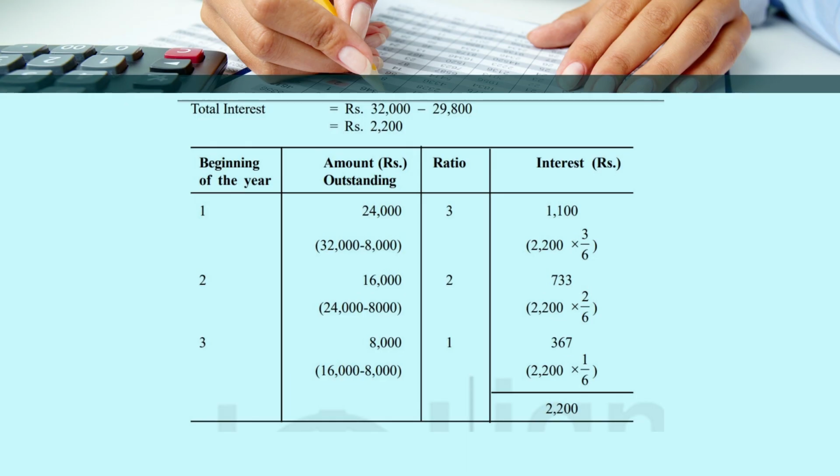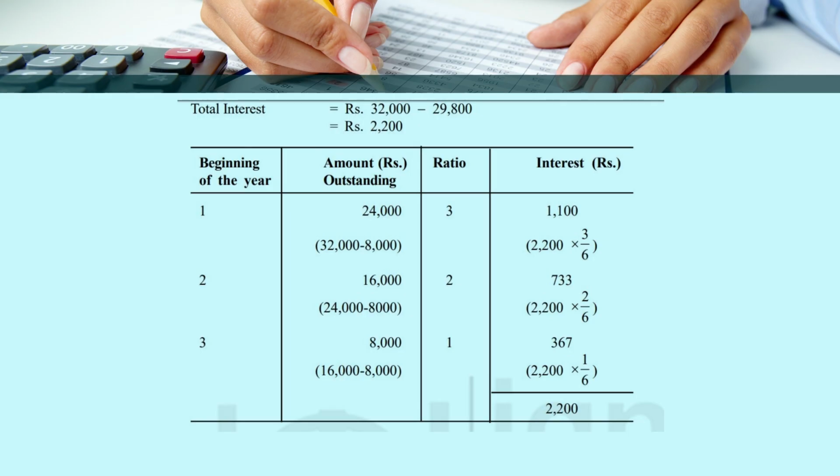Here the ratio is 3, because all the 3 annual installments are pending. The total interest is 2,200 and the ratio is 3:2:1, which means at the end of the first year 3 installments are pending, then at the end of the second year 2, then at the end of the third year 1.